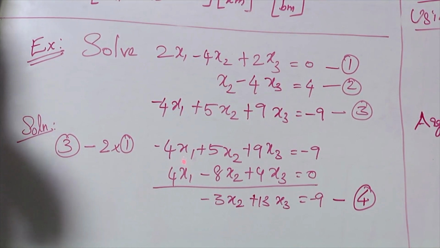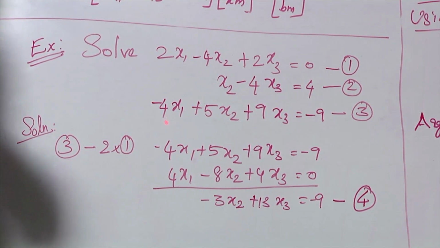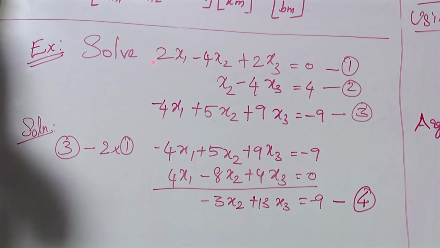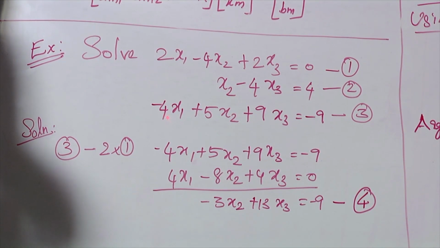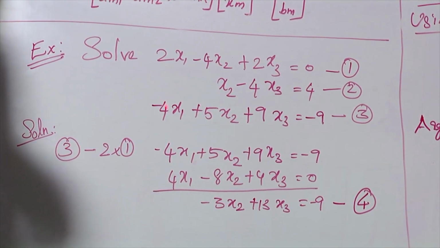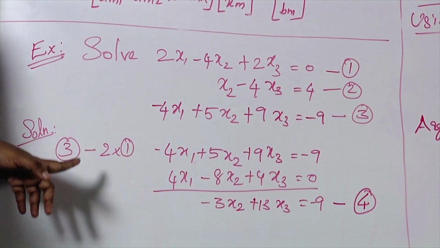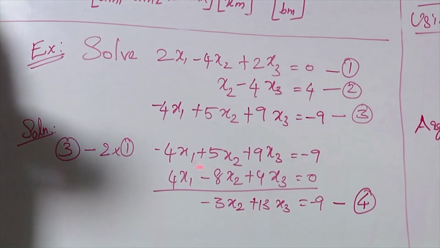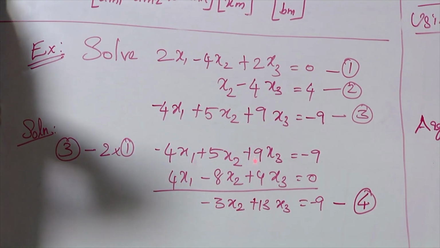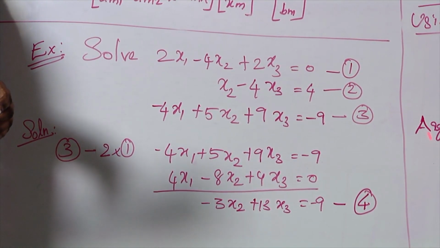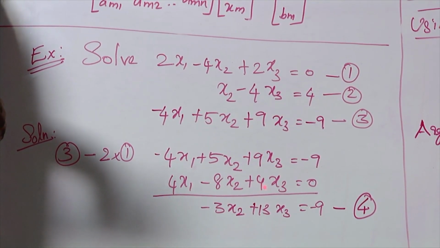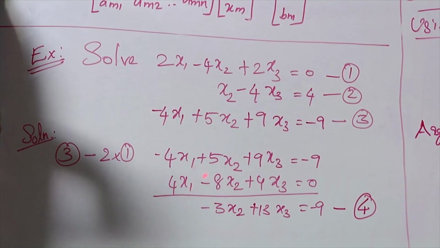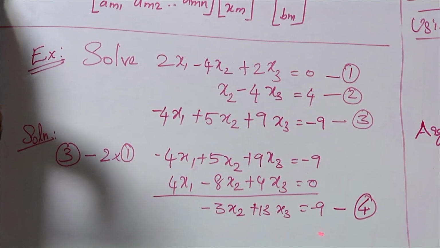Here you can see if I multiply by 2, I will have 4x1, and minus 4x1 I have here, so I can simply add them together. Equation 3 is minus 4x1 plus 5x2 plus 9x3 is equal to minus 9. Multiplying the first equation by 2, I get 4x1 minus 8x2 plus 4x3. Now if I add them together, I have minus 3x2 plus 13x3 is equal to minus 9.